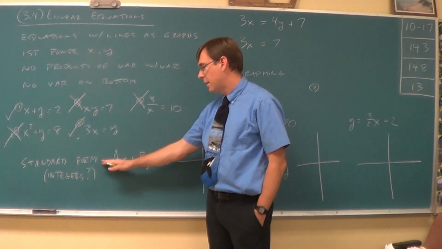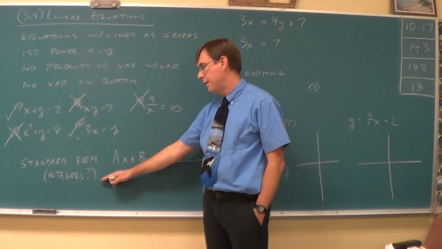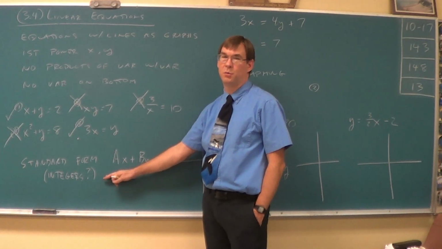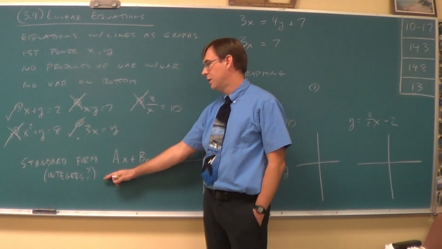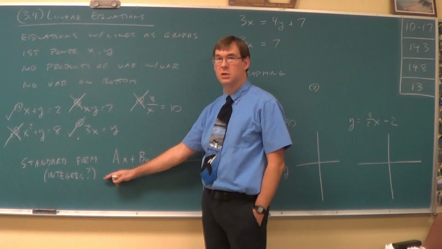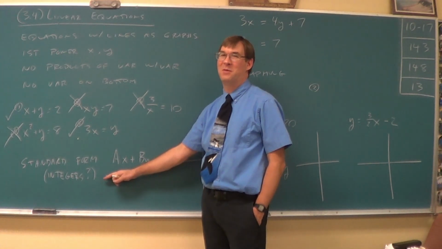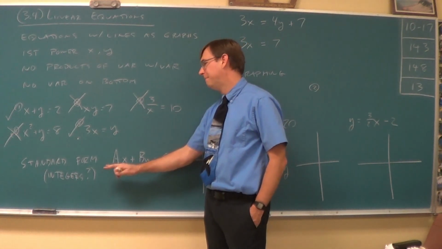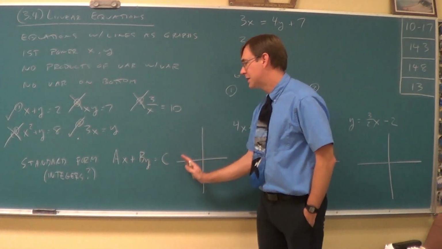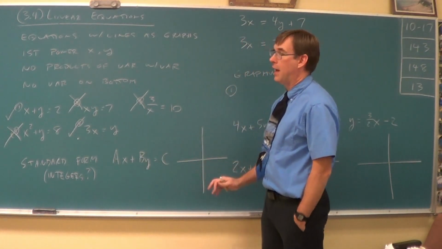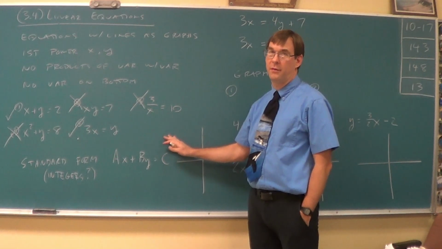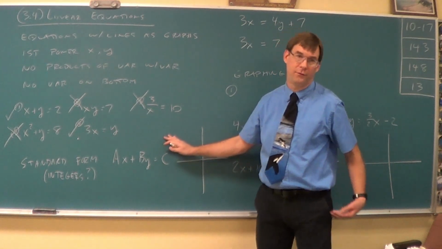I'm going to call that standard form, and I don't care in here if those are made integers, even though the Algebra 1 book did. So what is the official answer to that? I don't know, because you're hearing from 3 people with 3 different opinions. So what we're going to do is get x and y on the same side, get the number out of there. Question about that idea of what we're going to try to do?